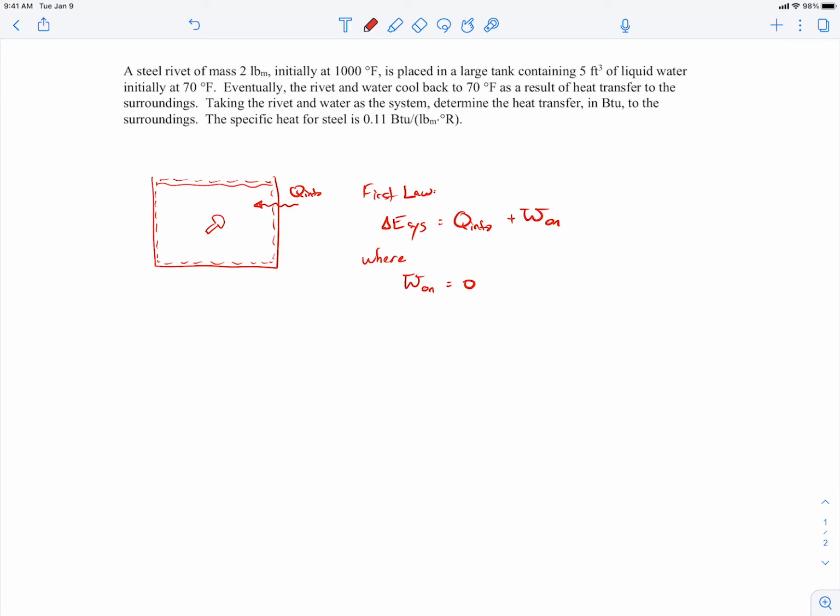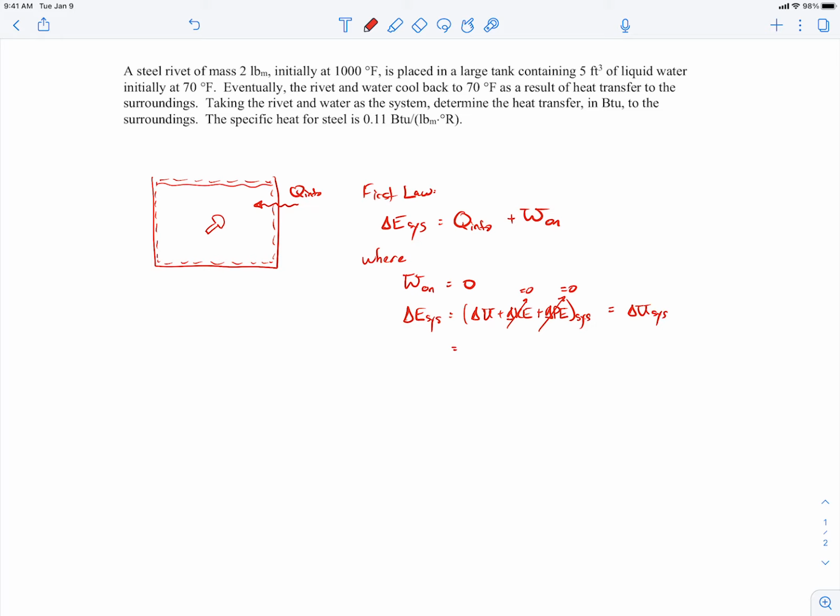There's no electrical work or anything like that. The change in total energy of the system will be the change in internal energy plus the change in kinetic energy plus the change in potential energy, all of the system. But there is no change in the velocity of that system or change in elevation, so the kinetic energy and potential energy changes are 0, so we're just left with the change in internal energy of the system.